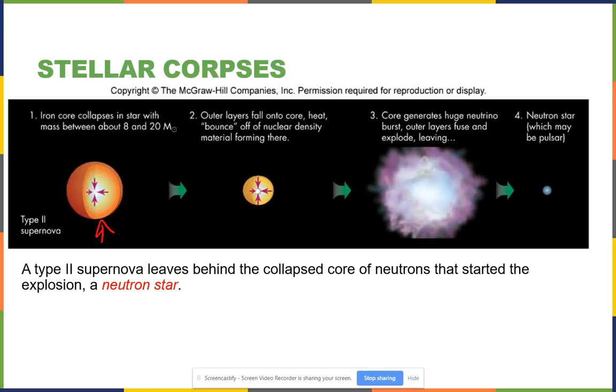After the outer layers come in and hit this huge nucleus that really could care less, the nucleus just sits there. The stuff bounces off of it like it's hard, because it's really, really hard. And energy then comes out because of the rebound effect. That's what gives you the huge explosion, leaving behind the neutron star.